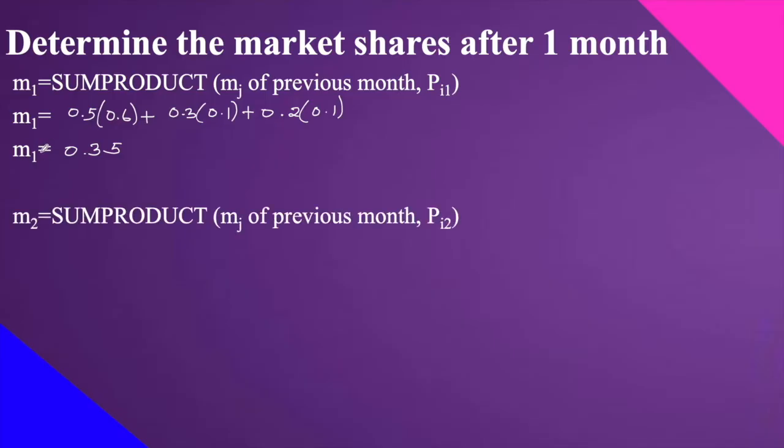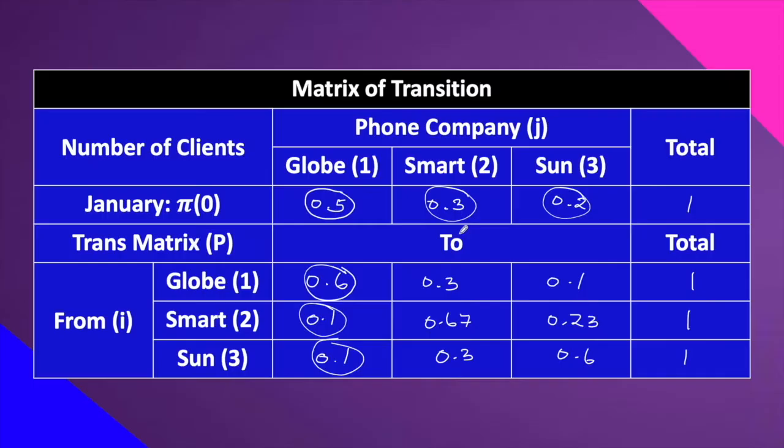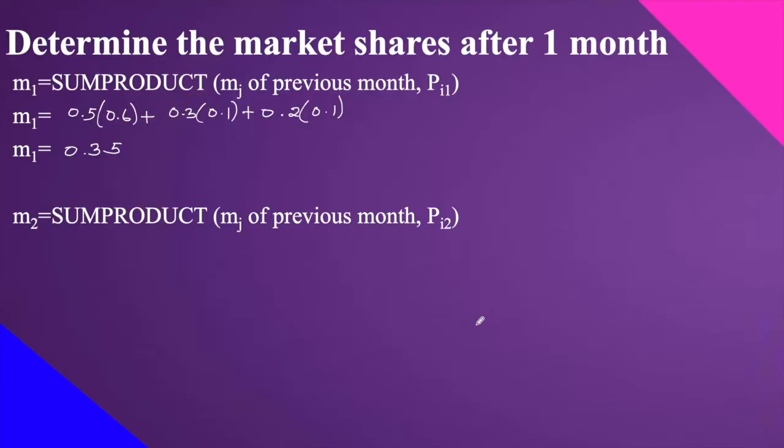Next, M sub 2, the sum product of the M sub J of the previous month and P sub I 2. Where is that? Sum product, meaning we take these same values, and their partners will be 0.3, 0.67, 0.3. So, let's have it here.